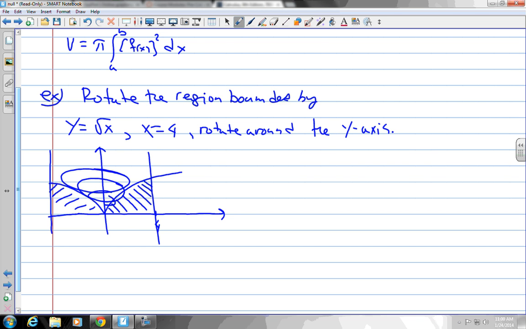So let's talk about this. How should we set this thing up? One way to think about this, if we just use our basic geometric skills, is we can find the volume of just rotating x equals 4. That's some kind of a cylinder, right? And then I can find the volume under the square root function when I look this way.